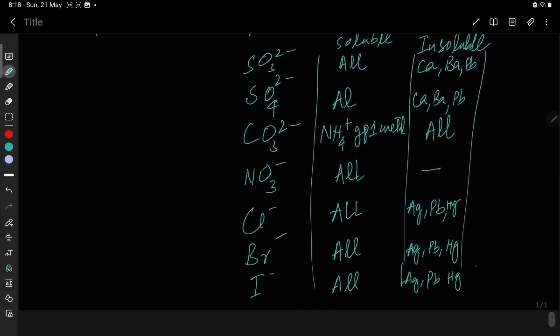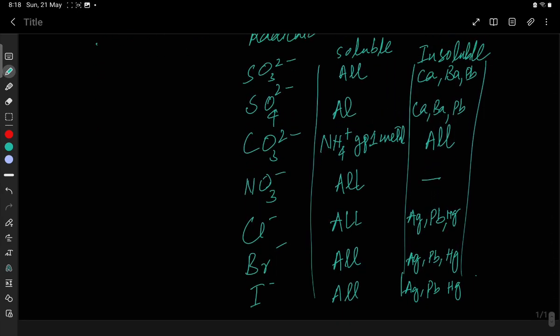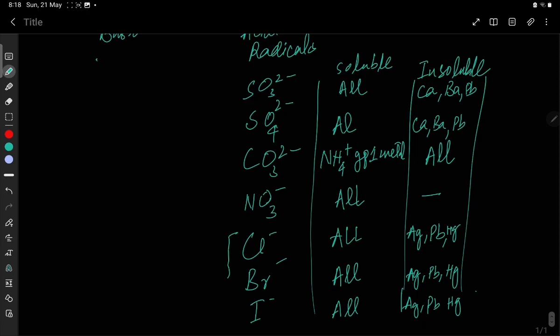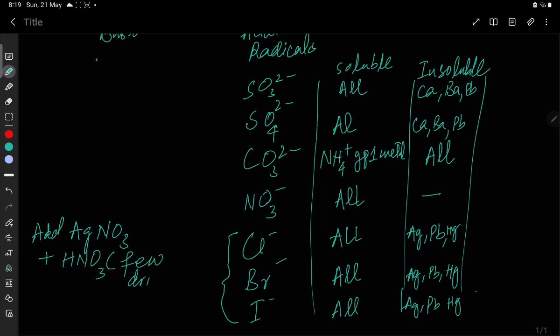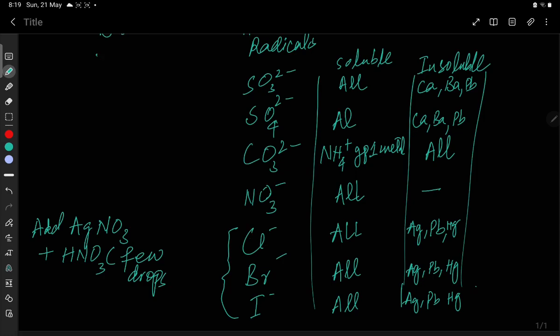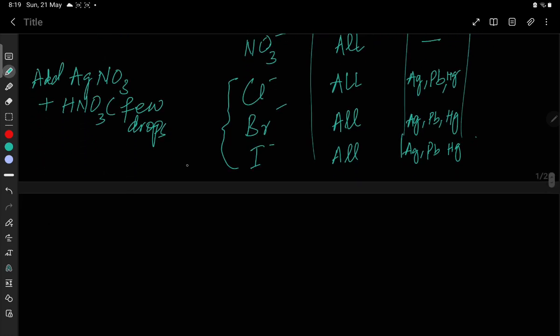So you should know the solubility of these ions. If chlorides are present, you should know the test: if written, add silver nitrate plus acid HNO3, few drops. It must be for halide ions. If halide ions are present, chloride ions give white precipitate with this test.